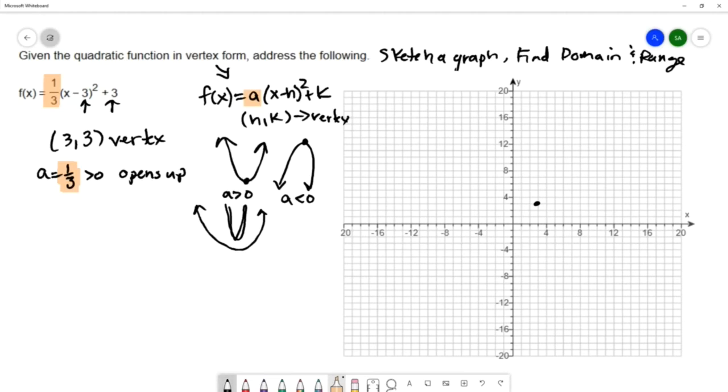When a is equal to 1, that is our base function, and if we think about what that graph looks like, we have (0, 0), 1 squared is 1, negative 1 squared is 1, and so you can see that point is 1 over and 1 up away from the vertex. But when a is equal to 1/3, that point will be, instead of 1 up, 1/3 up.